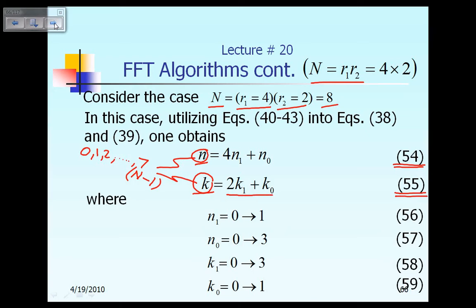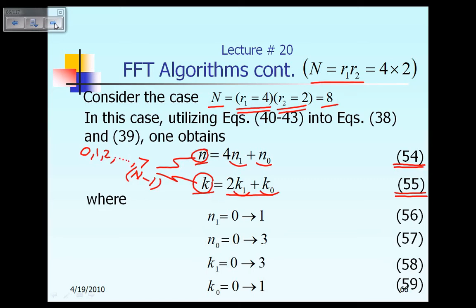The reason equations 54 and 55 have a different form is that in this chapter the value of R2 is different from the value of R1. In any case, equation 54 and equation 55 involve the indices n0, n1, k0, and k1.